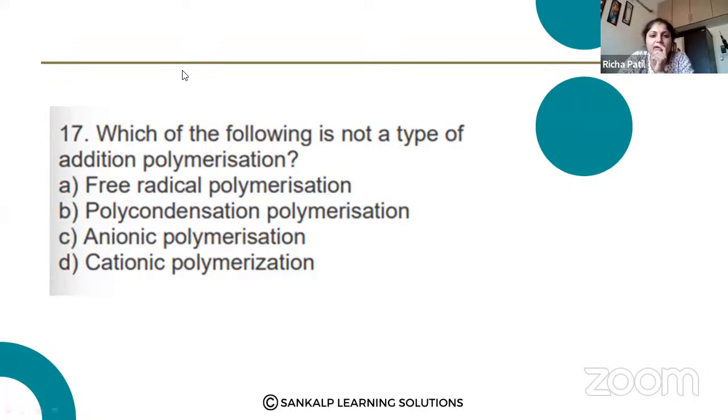It is B. Addition polymerization is further classified into free radical polymerization, anionic polymerization, and cationic polymerization. These are the three types. So polycondensation polymerization is not a type of addition polymerization. We'll go for the next one.